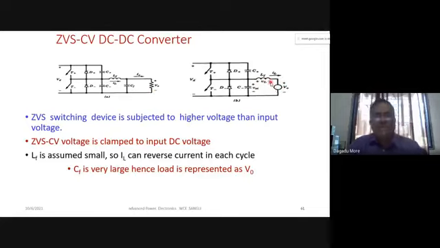This is the LF we have, and these are the components.